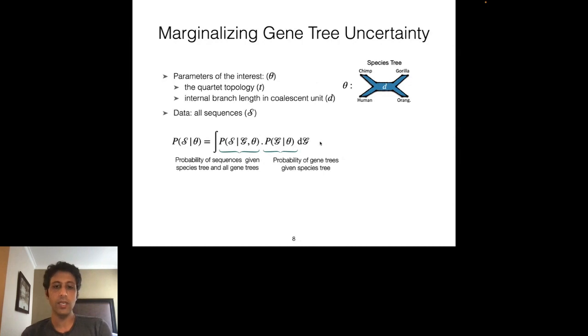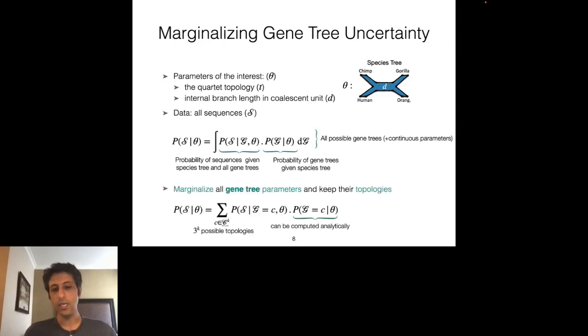Now I have an integral here because the space of all gene trees is a continuous space, because you have branch lengths. By marginalization, maybe we can make the problem a little bit easier because we are not trying to get the right distribution for all the gene trees at a very fine grain. But even this is difficult to work with, even if you're just working on one quartet, because you have integrals over all these continuous parameters.